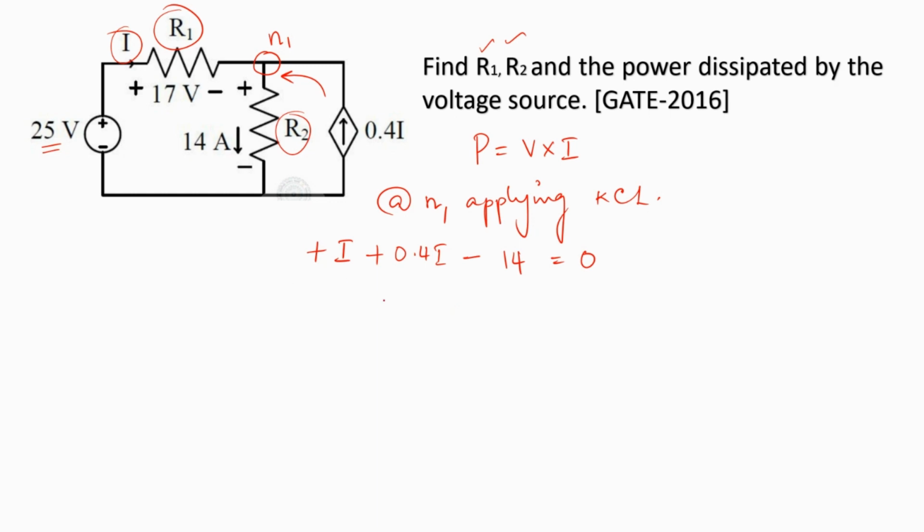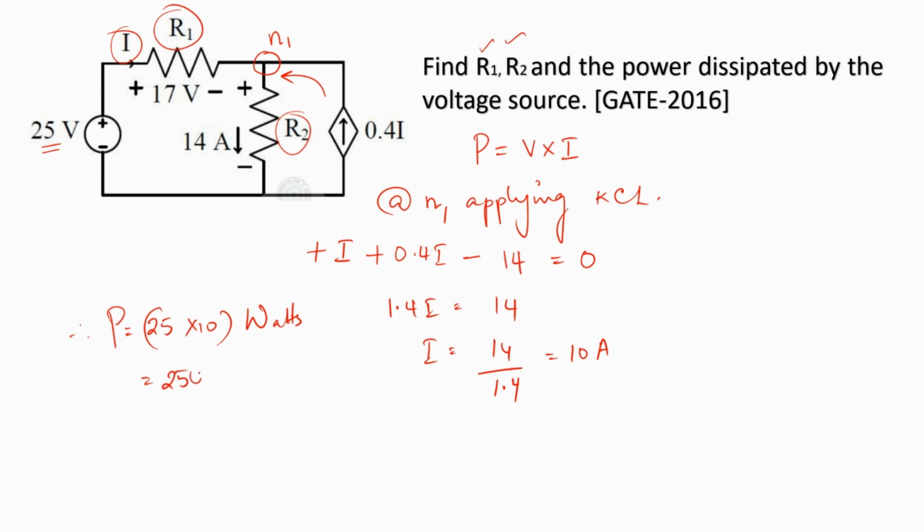Now we can say that 1.4 I is nothing but 14, and therefore I is equal to 14 by 1.4, which is nothing but 10 amps. So we know that the current I is 10 amps. Therefore, the power is going to be 25 into 10 watts, which is 250 watts.